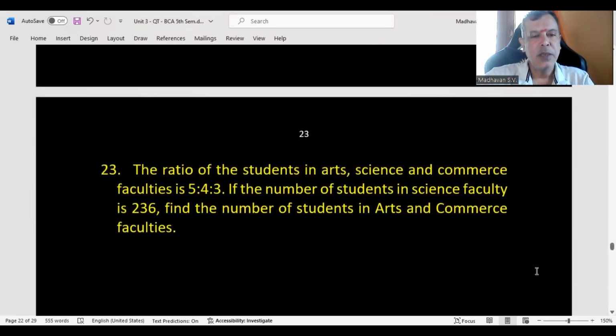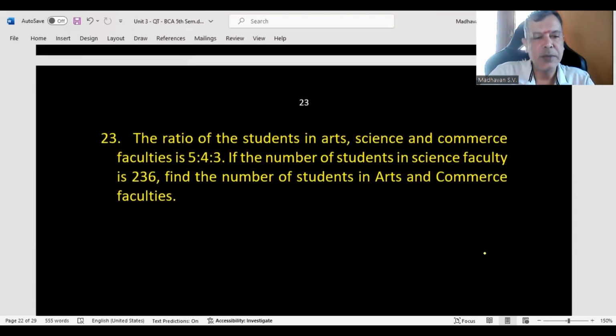23rd question. The ratio of the students in arts, science, and commerce faculties is 5:4:3. If the number of students in science faculty is 236, find the number of students in arts and commerce faculties.